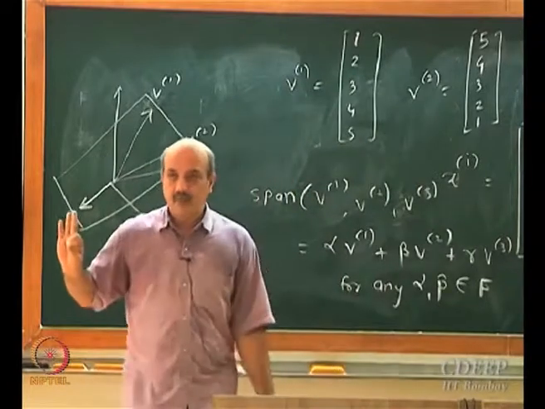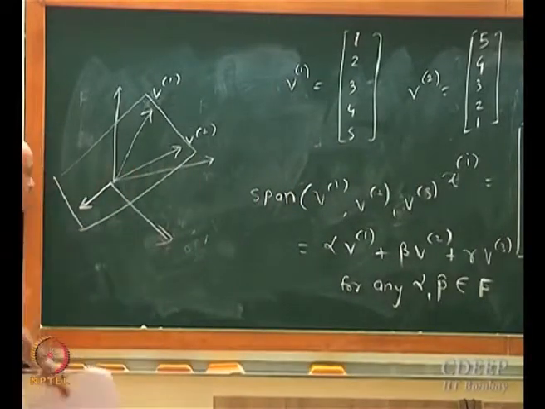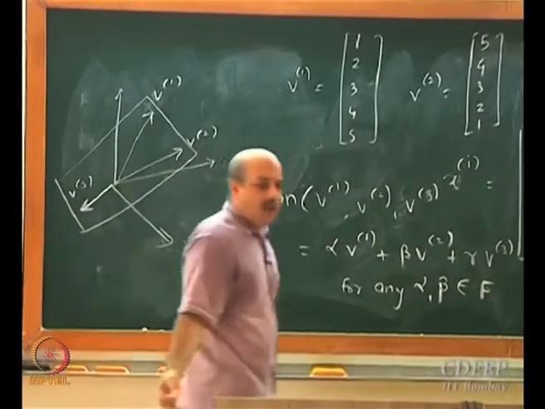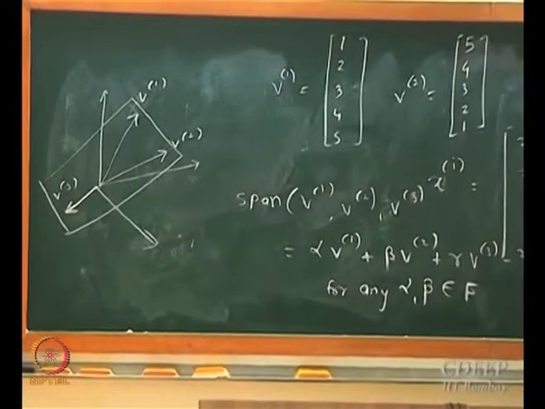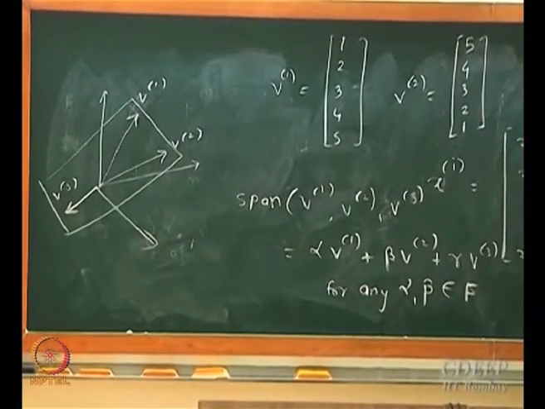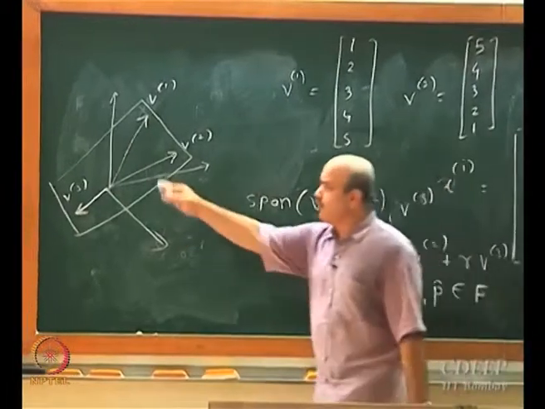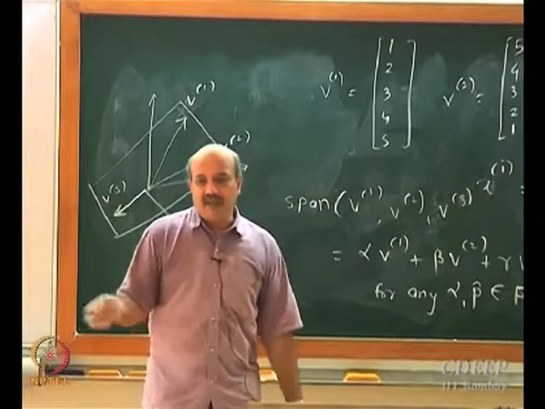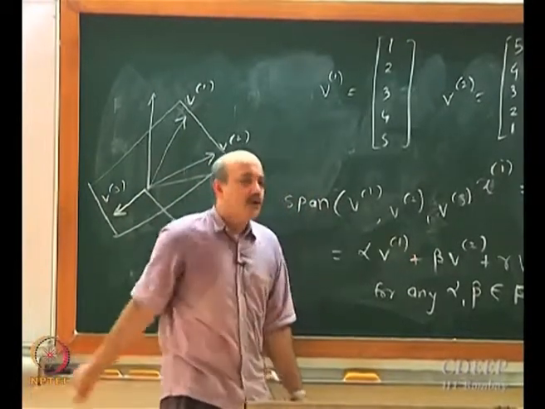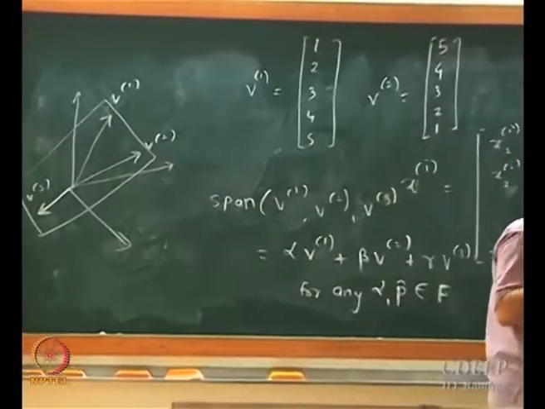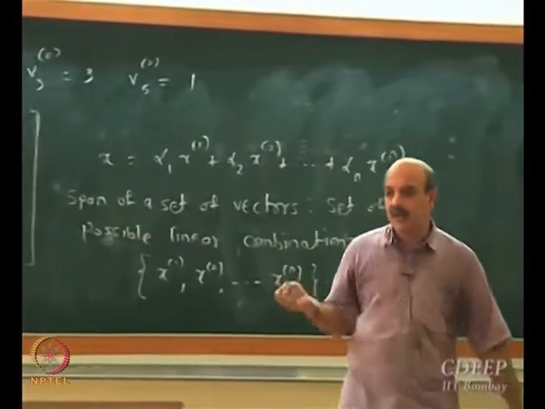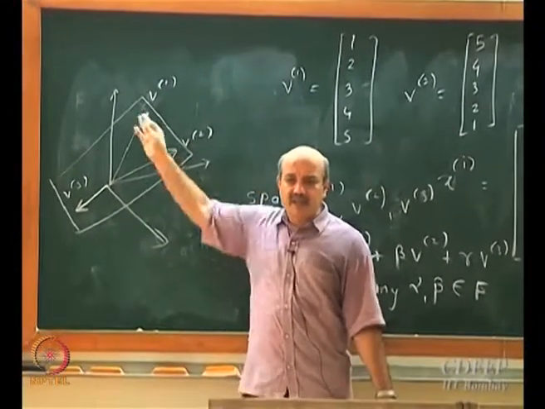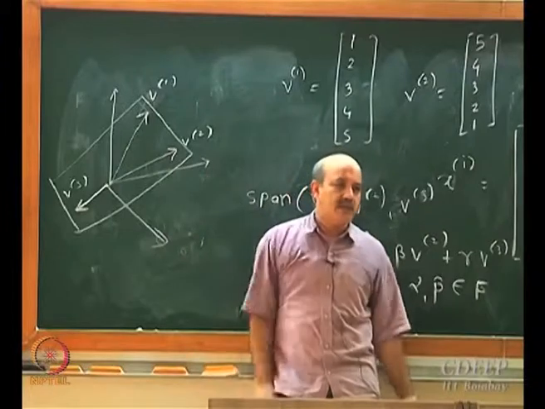Same thing. That is because this third vector v3 is linearly dependent upon v1 and v2. So if I have some more vectors belonging to the same subspace, and if I take all possible linear combinations, I am not going to get a different set. I'll get the same set, which is this plane. I cannot leave this plane. If I take a linear combination of any vectors in this plane, I cannot leave this plane.